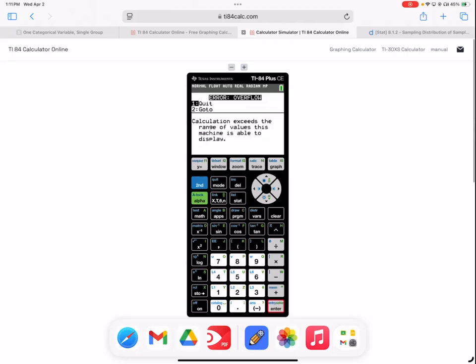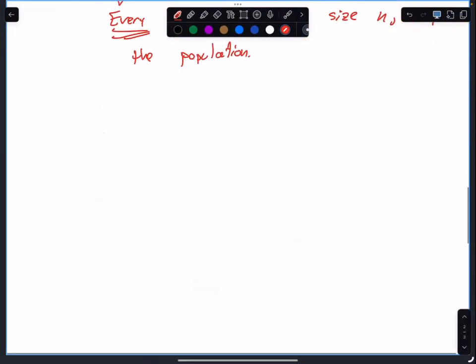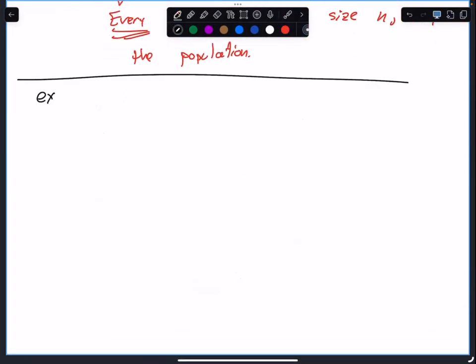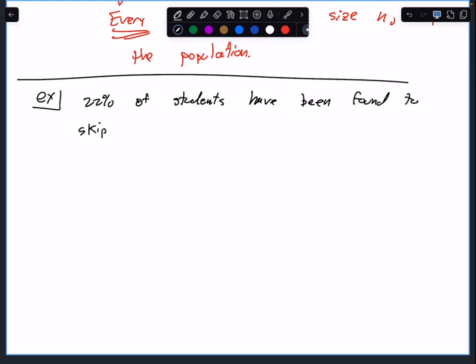All right, so let's do an example. We have some data from the school, and we have found out that 22% of students have been found to skip at least one class the past week.